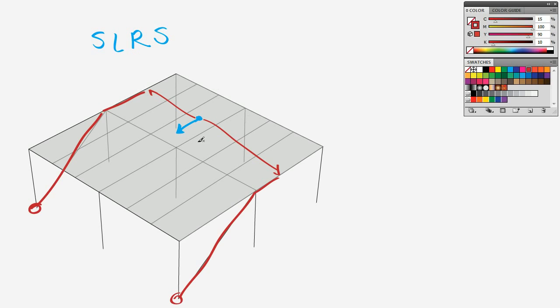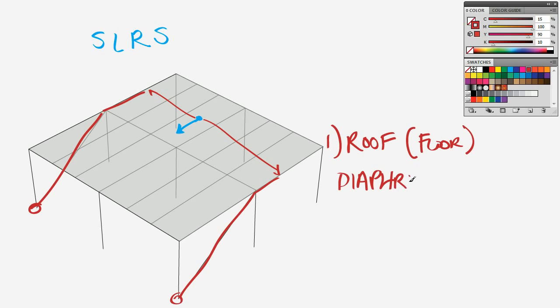So if we're making a list of the lateral force resisting elements, the first element is the roof, or the floor if we were thinking of that example. In this function the roof is acting as a diaphragm. And as a diaphragm, it carries the loads out here.